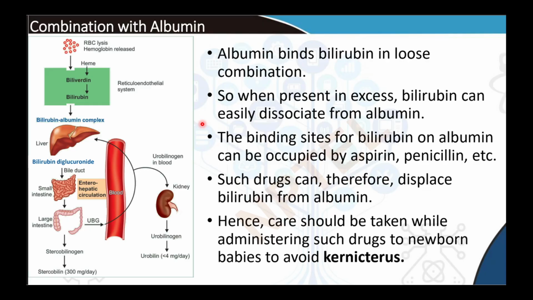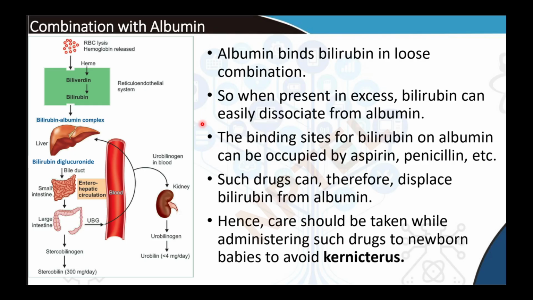So if we have an excess of aspirin and penicillin in our body, it can actually dissociate the bilirubin. And binding of bilirubin to albumin is very important for its excretion. Otherwise, bilirubin accumulation will start occurring in our body, which is not good for the body. So such drugs can displace bilirubin from albumin. Hence, care should be taken while administering such drugs to newborn babies to avoid kernicterus.